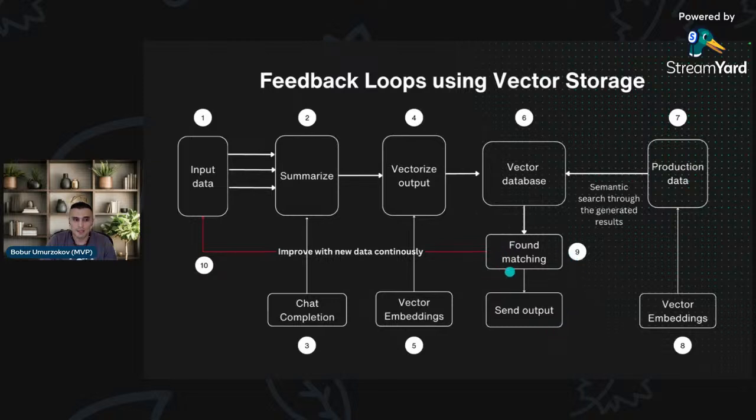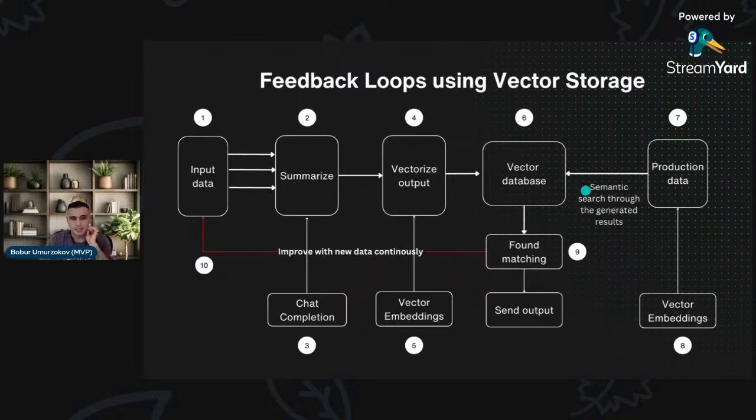And after we send the output, we are also sending the same output as an input to the next cycle, which is the last step, number 10. The same output we send to the LLM model to improve the data continuously.